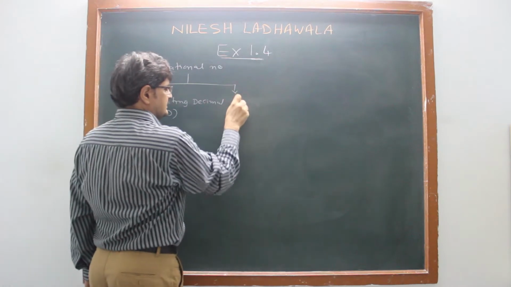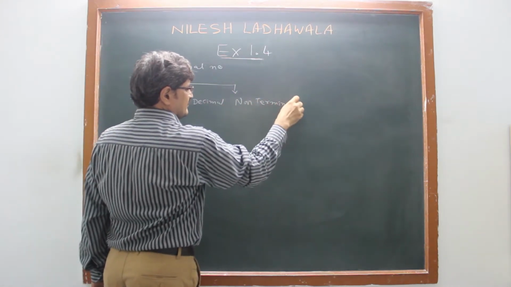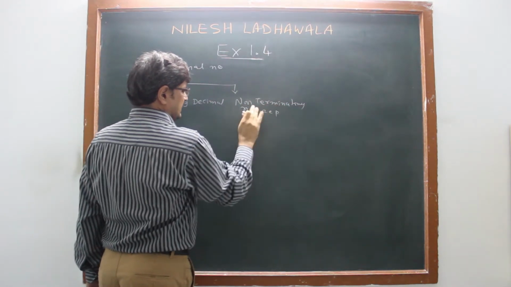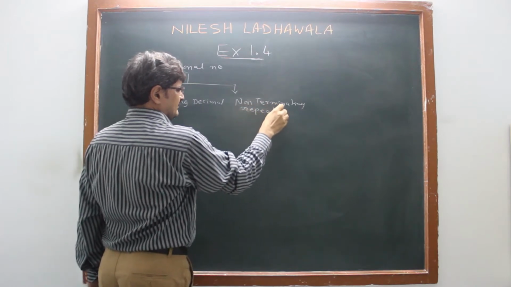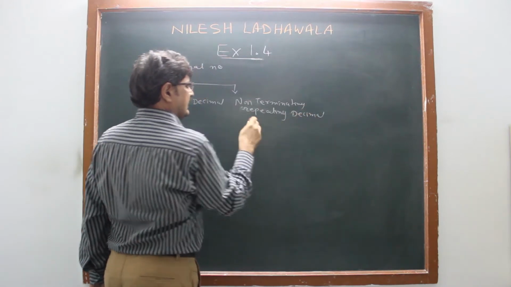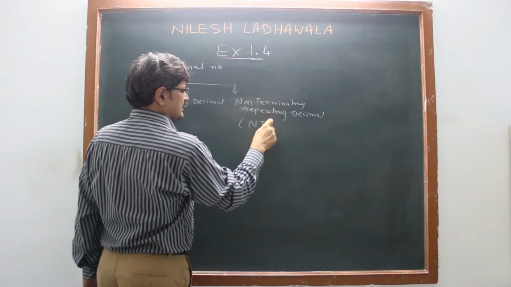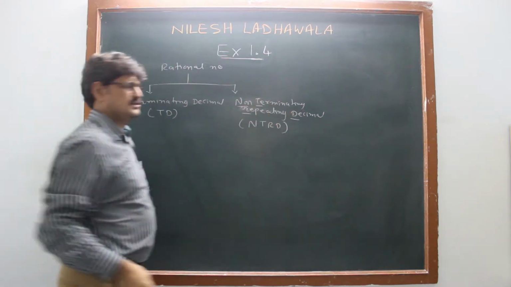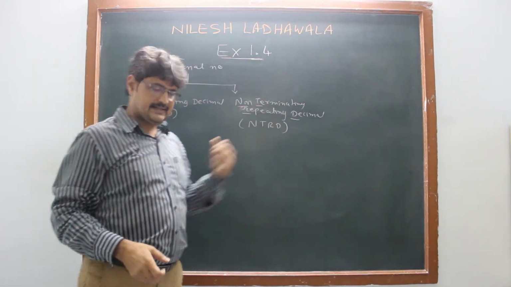And second is non-terminating repeating decimal. It can be abbreviated as NTRD. So whenever I write NTRD, you have to think of a non-terminating repeating decimal.